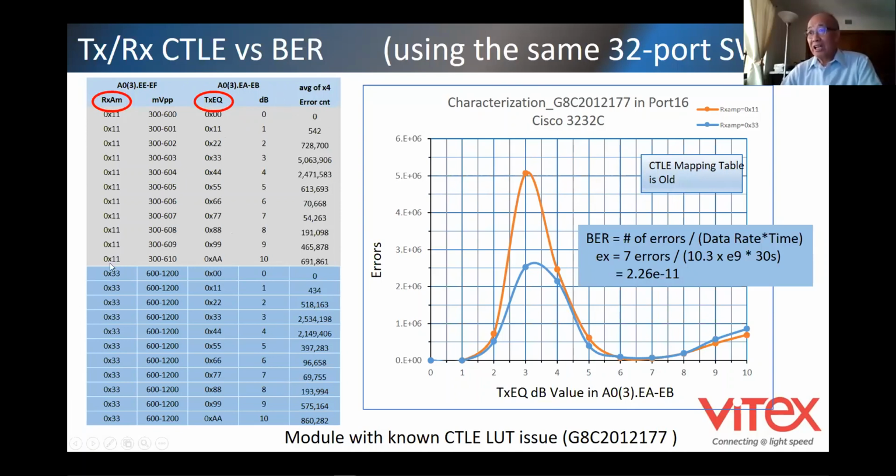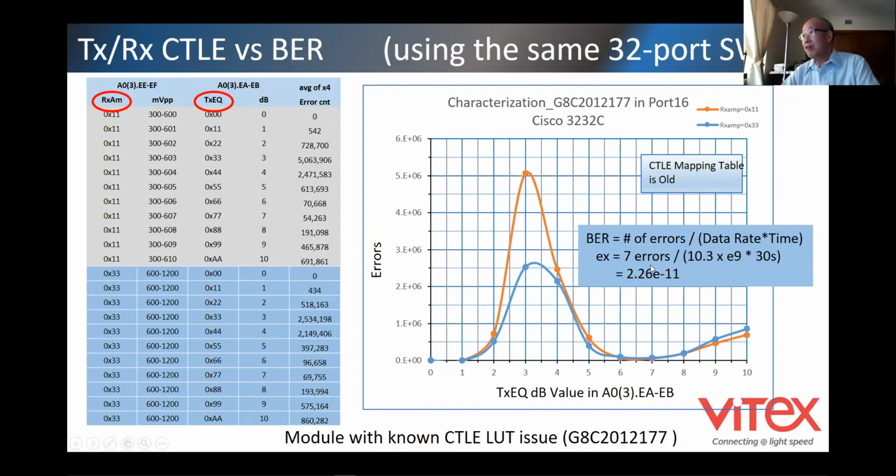Because at each setting, each line here, I run the test again and again, and I count the errors. So I get a whole bunch of errors and I plot that out. I'm going to talk about bit error rate in depth next week, so you should understand it better then. But here is a simple formula to manually calculate the bit error rate.